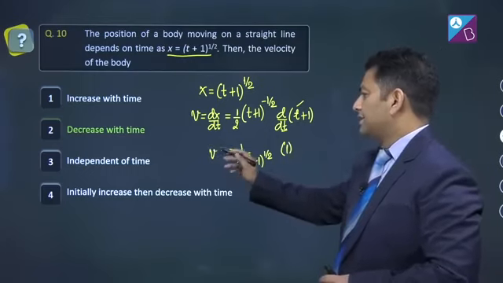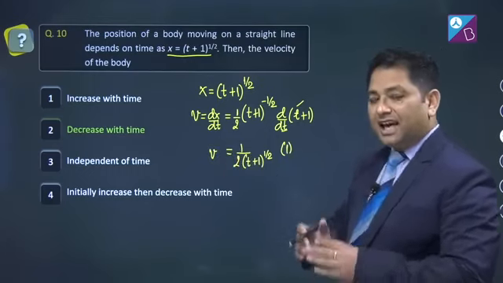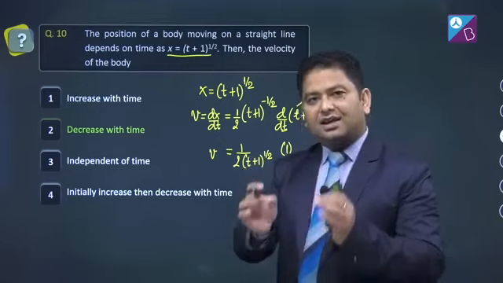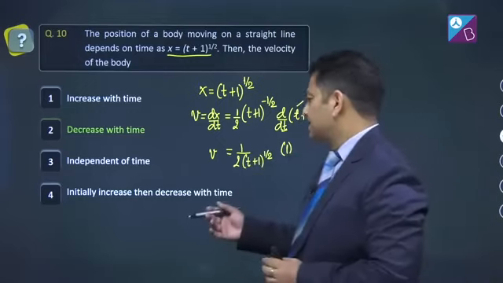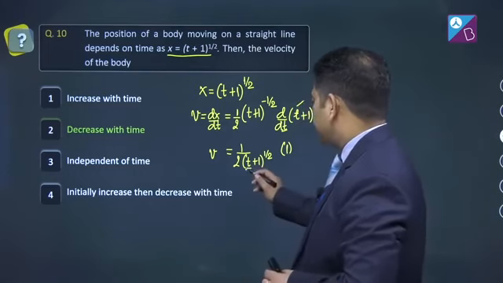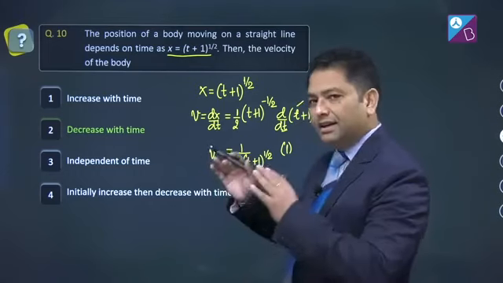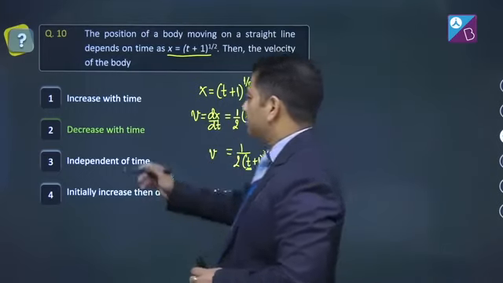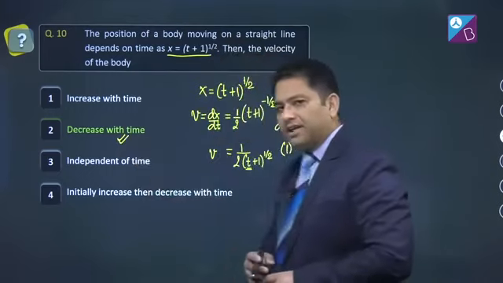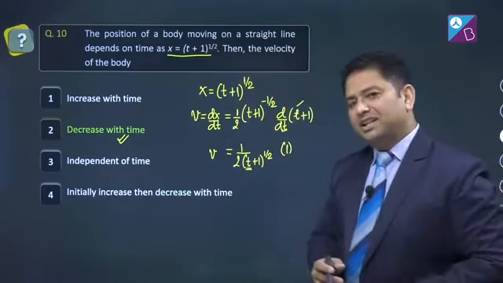Bas aapke saamne velocity hai. And if you see carefully, t ki jo positioning hai wo denominator mein hai. Toh seedhi si baat hai, agar denominator badh jaata hai then speed will decrease. Kehne ka matlab with increase in time the speed of the body will decrease. Be careful, time was in the denominator.